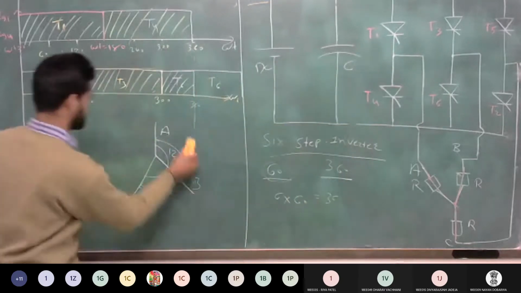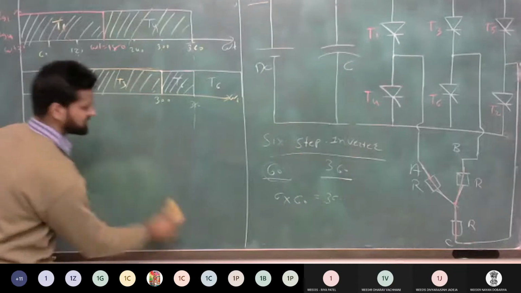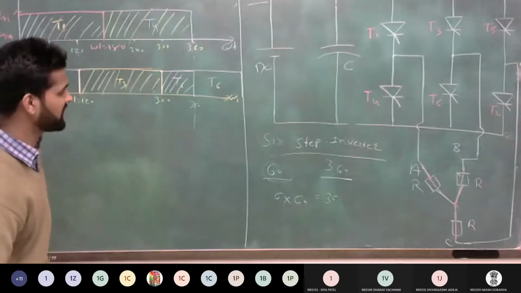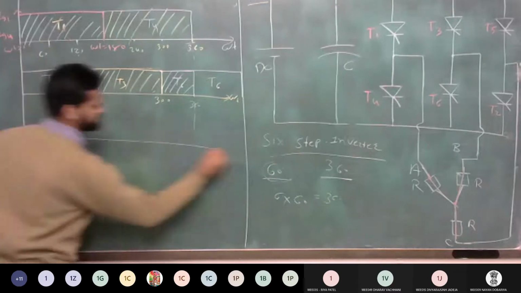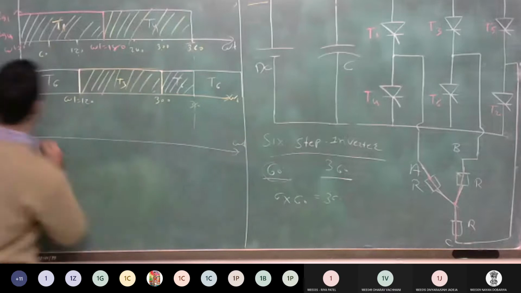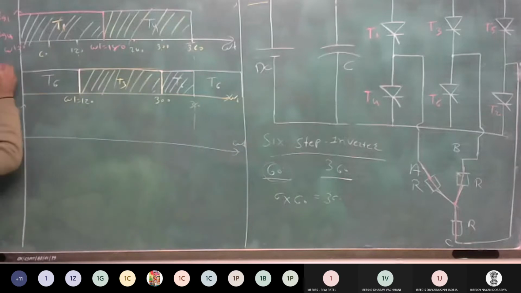So let's do the gate pulses first for thyristors T5 and T2. First, this one is IG3 and IG6. Now this one is IG5 and IG2.